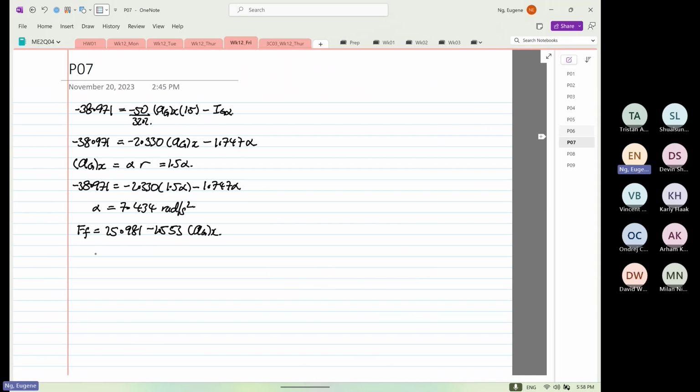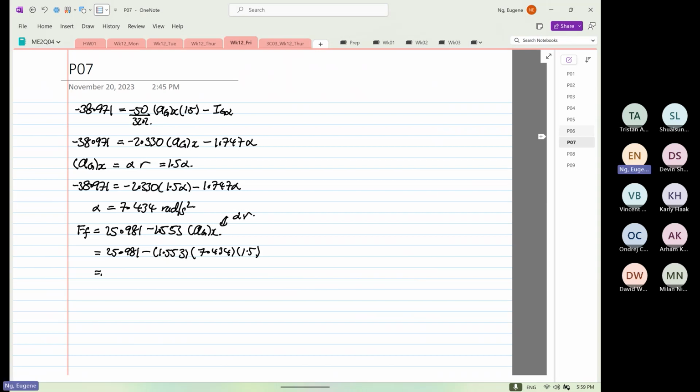Okay? So this will be equal to 25.981 minus 1.553 times, then you have, this corresponds to alpha R, 7.434 multiplied by 1.5.